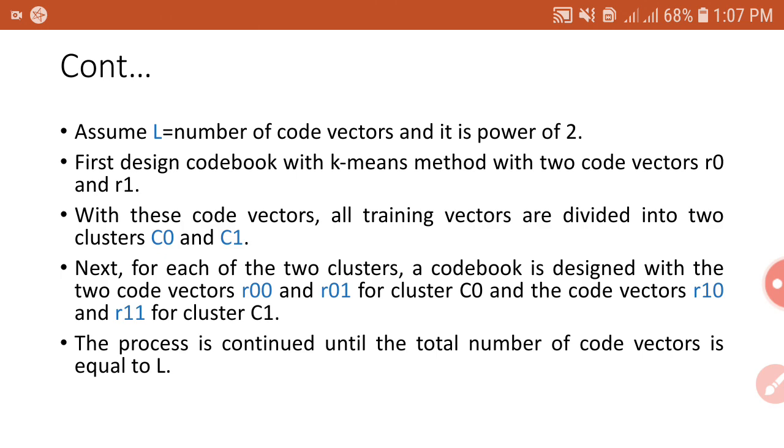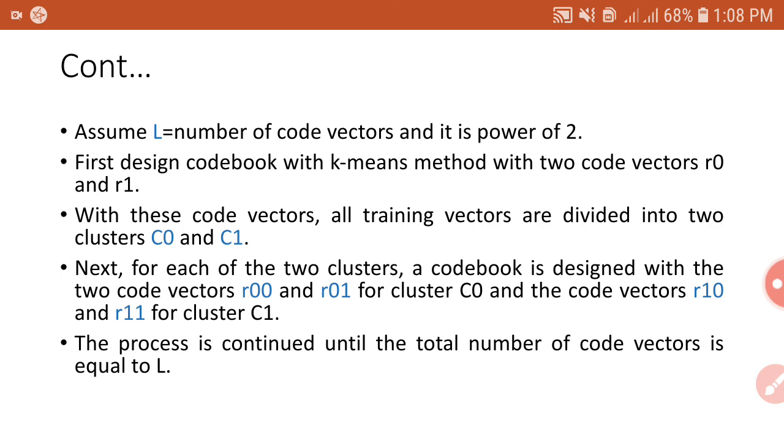So you are selecting some representative vectors from the training set to represent the whole training set. After selecting the representative vectors or code vectors, you are dividing the training set into a number of clusters, right?